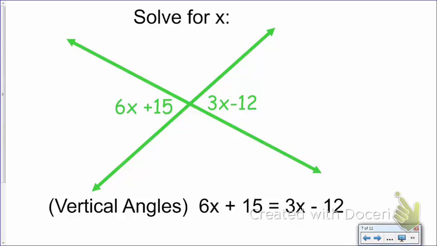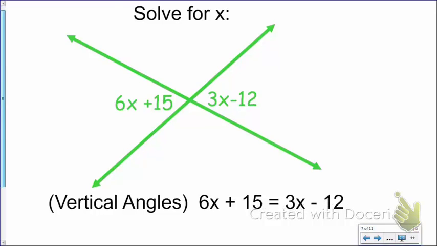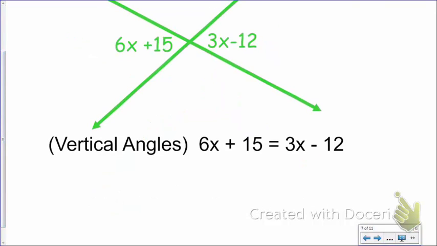So when we set up our algebra problem, we're going to say 6x plus 15 equals 3x minus 12. To solve that problem, I'm going to move the 3x that's on the right side, so I'm going to subtract 3x from both sides, and then I'll have 3x plus 15 equals negative 12.